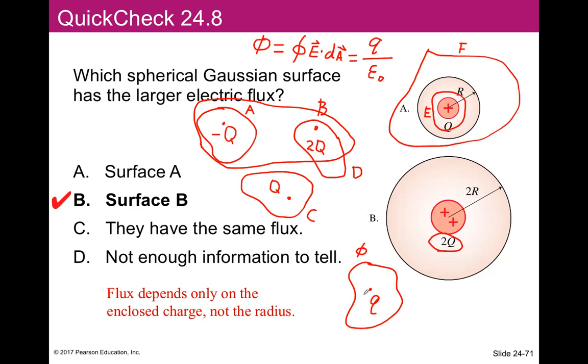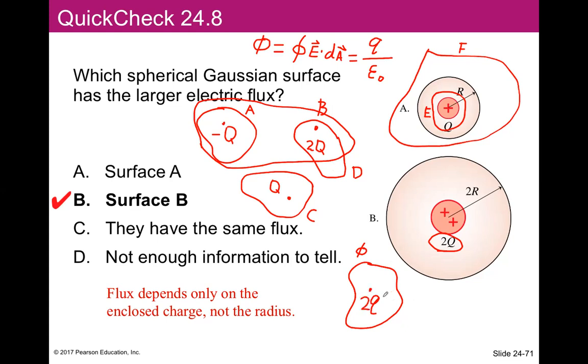Now let's take a look at this example. Now you have a Q here, and you have a Gaussian surface, and if you know the flux is phi, then okay, let's make it 2Q.